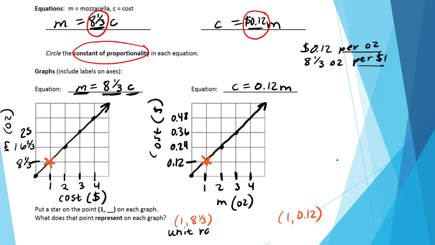That is the unit rate. So in other words, I get 8 1/3 ounces per dollar. Over here, I get basically 12 cents per ounce. So that point is a really special one where I'm actually able to find the unit rate.